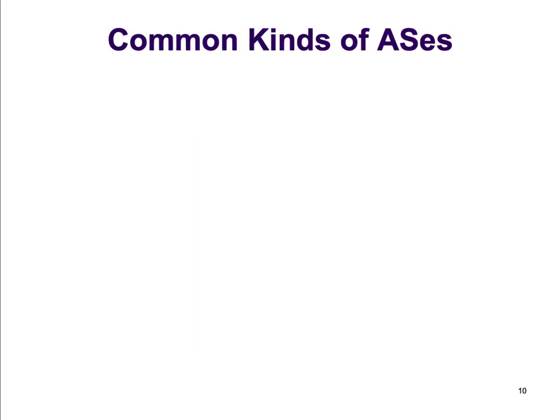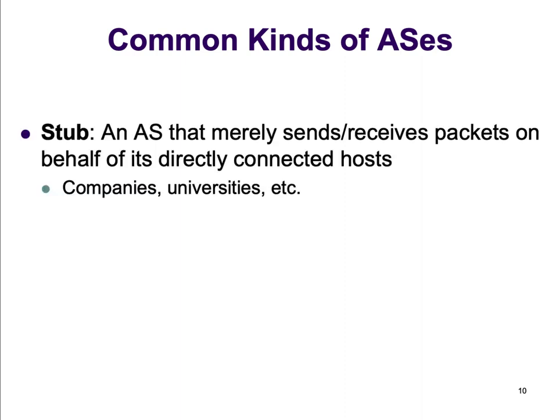Okay. From our perspective, as we talk about autonomous systems, there are 2 common kinds of ASs that are important for how we do routing. The first is what we call a stub AS. This is an AS whose only job is to provide connectivity to its directly connected users or hosts.